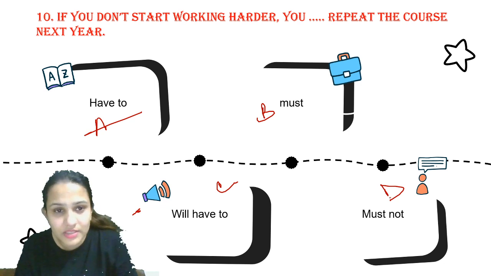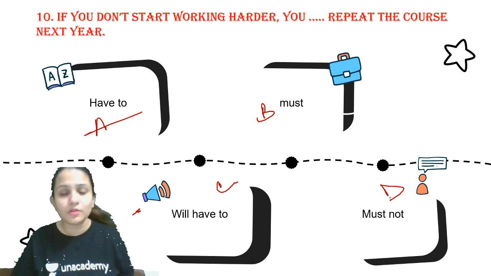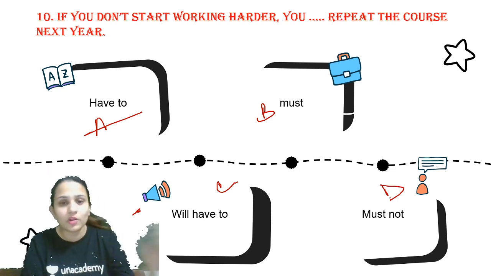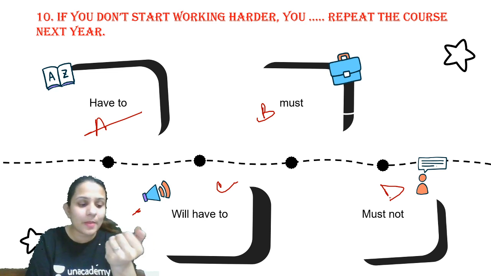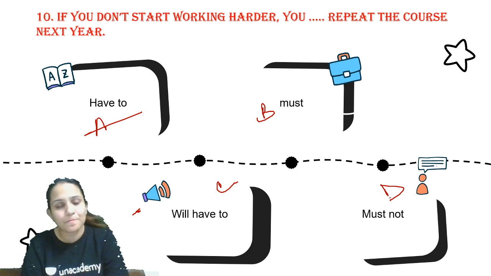This is a very tricky question because it looks like you can choose all of the answers, but you have to choose wisely by remembering the rules of tenses as well as modals, and logic also.